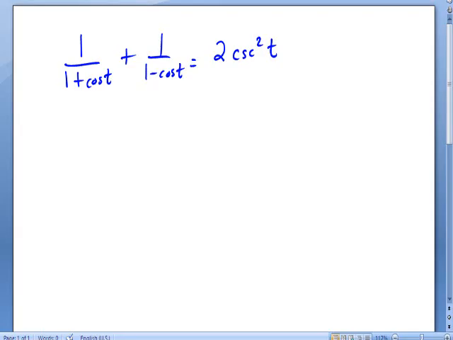Alright, the left side is definitely more complicated than the right side, so we would definitely like to see the right side come out as a true expression. In this case, I want to get a common denominator, and it looks like my common denominator needs to be 1 minus cosine of t times 1 plus cosine of t.